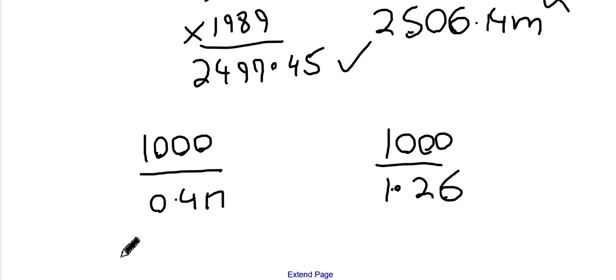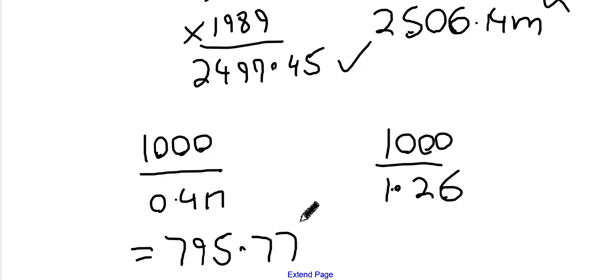What did you guys get? 795. So practically 796 turns of the wheel. What did you guys get? 799.